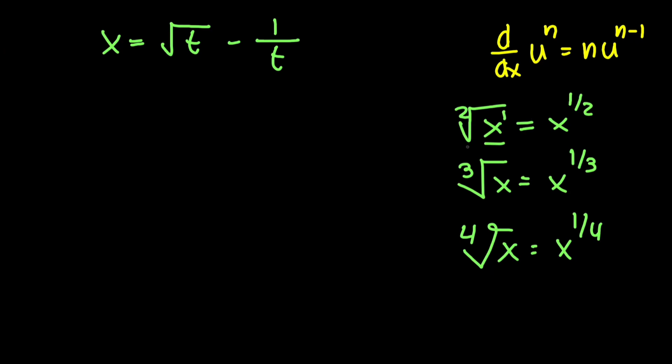So we would just be rearranging it. Same is true with this one. In this case, square root of t, we can put this as t to the power of 1/2 minus 1/t.